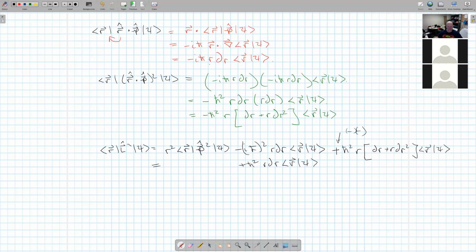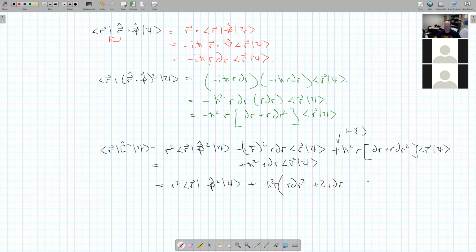So finally, this thing is going to become what? r squared r p vector hat squared psi plus, so I'm going to get an ħ squared times r ∂²/∂r² plus 2 r ∂/∂r.